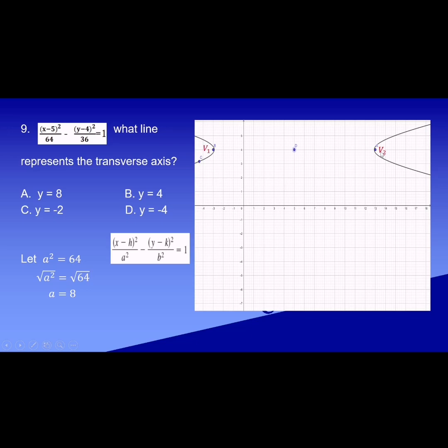So that is represented by b sub 1 and b sub 2. We have the value of a, which we got earlier, equal to 8. The center of the hyperbola is 5 and 4, that is our h and k. So we have here the segment joining b sub 1 and b sub 2. That is called the transverse axis.